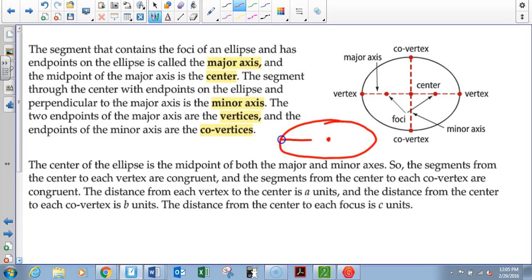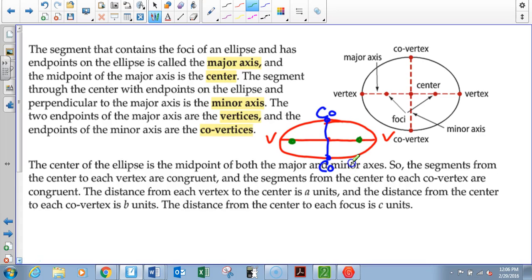The longer axis from end to end is called the major axis and has vertices at either end. If it's shorter going this way, that's called the minor axis, and these endpoints are called co-vertices, like lesser important vertices, I guess. The foci are always on the major or longer axis.